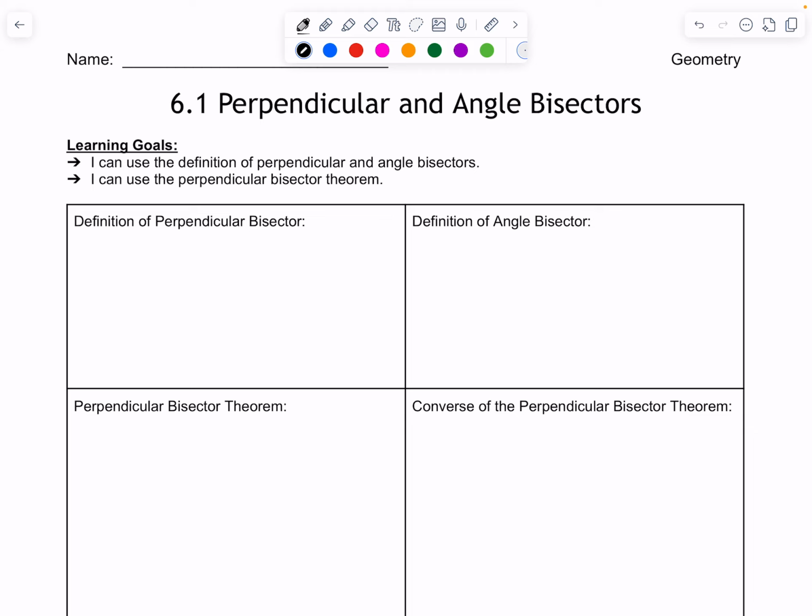Okay, so let's first talk about the definition of a perpendicular bisector. This is a line that intersects a line segment at a right angle.